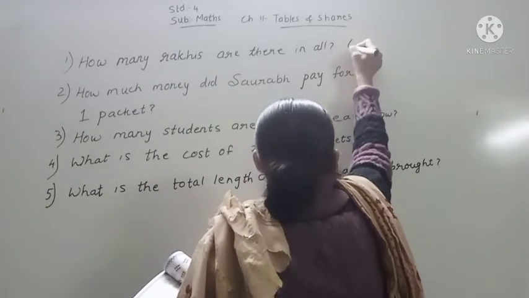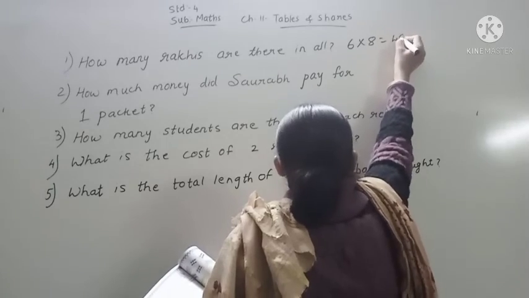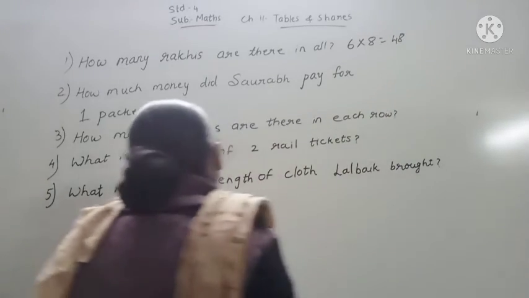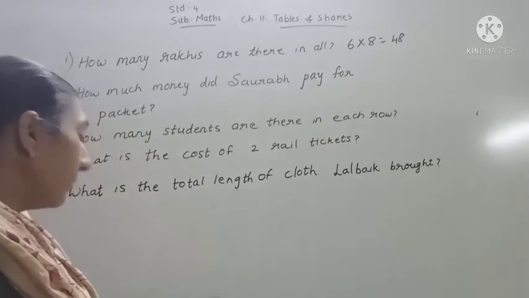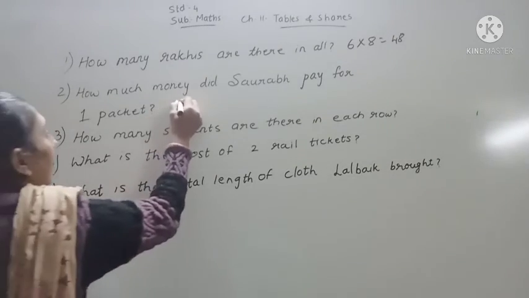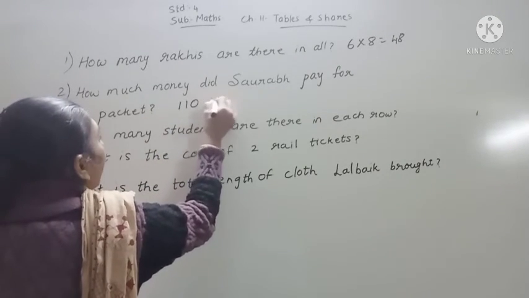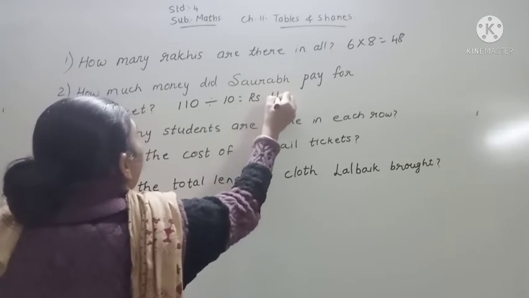So what will be our answer? 6 multiplied by 8 is equal to 48. Then how much money did Saurabh pay for 1 packet? So 110 divided by 10 is equal to rupees 11.